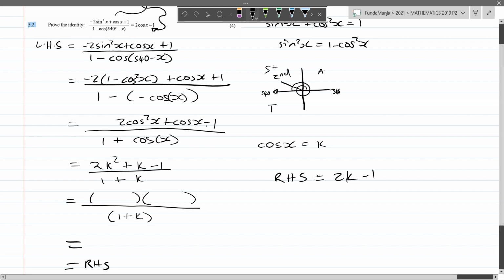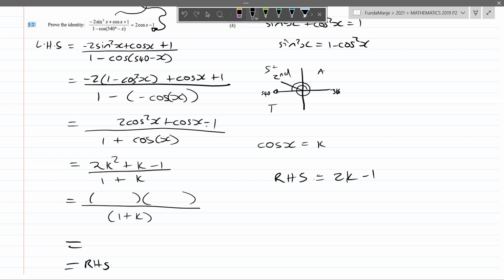That means here, this has to be broken up in such a way that we have two brackets in which one of them is 2k minus 1. So you could try and be cheeky, if you can recognize this, and use that this will be 2k minus 1 and this will be 1 plus k, or k plus 1. But you could also actually try out that method.